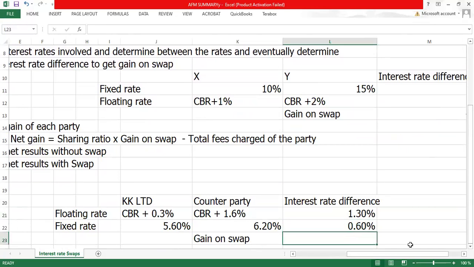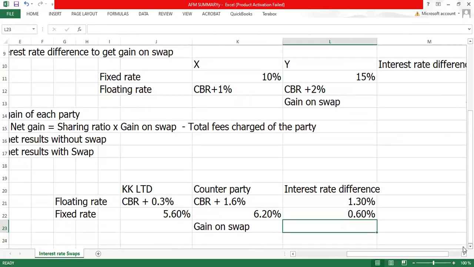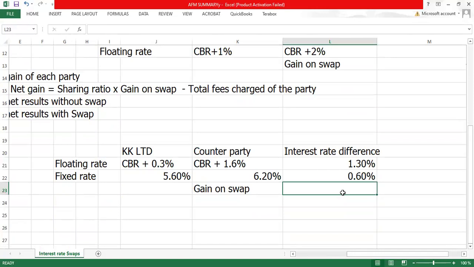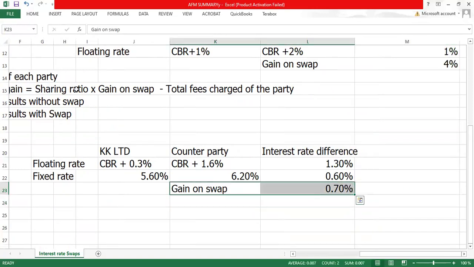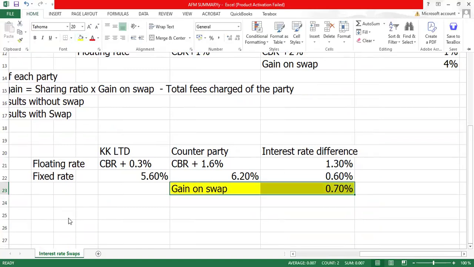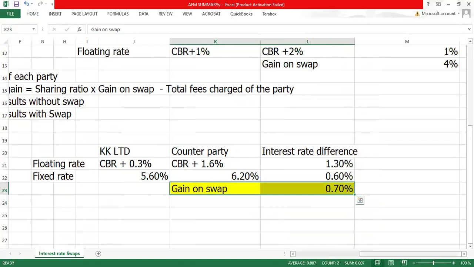So what will be your difference? It is 0.7%. So that is a gain that must be shared.